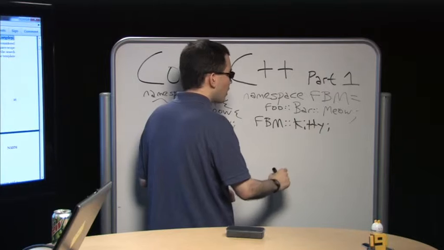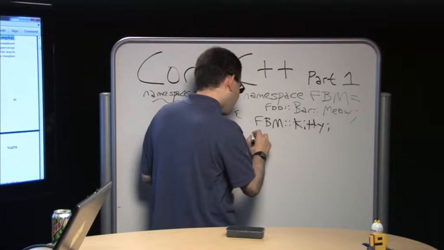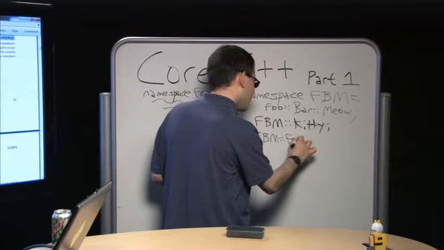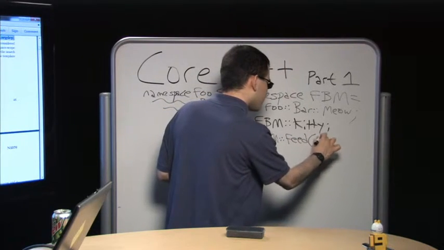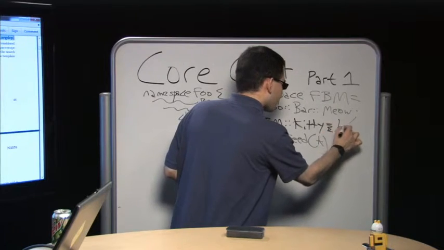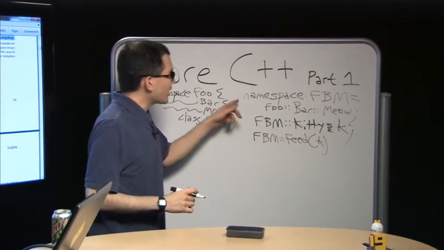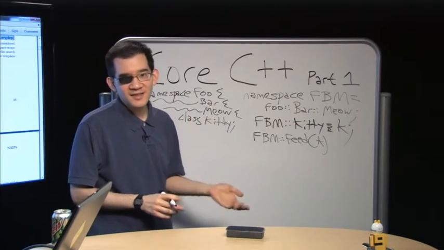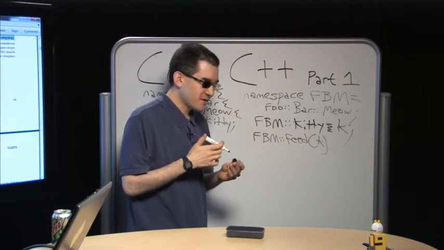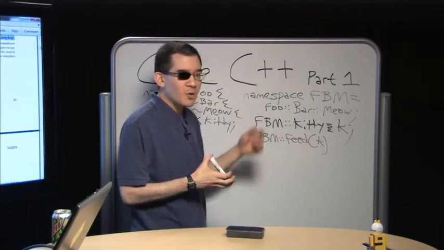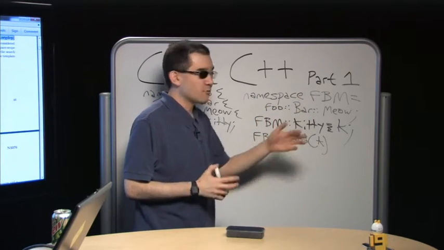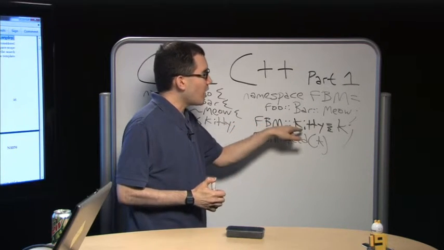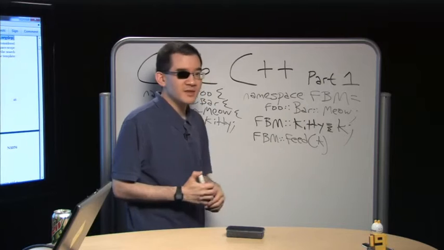Or I could use qualified lookup to do something like call fbm feed my kitty, like this. Call this k. So when I say namespace fbm equals some horribly long namespace, this is what's known as a namespace alias. You can think of it as a typedef for namespaces. So fbm is just a quick way to say foo, bar, meow. It only works for namespaces. You can't put classes or anything in there. And then I can use that to refer to classes or functions within that.